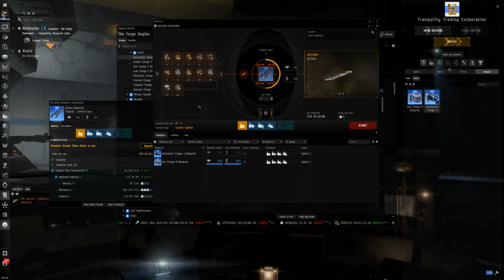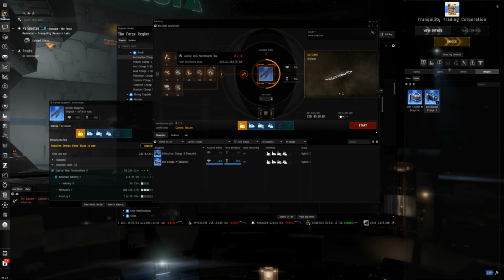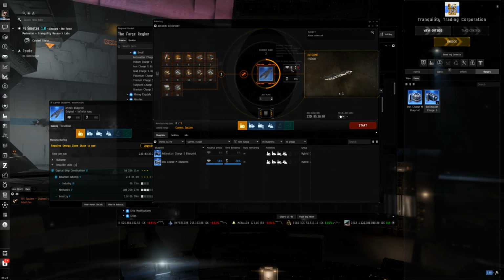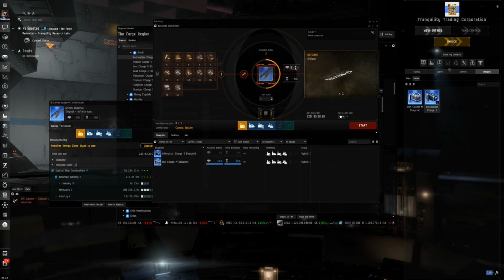For example, with capital ships, they consist of a lot of components, but many of them are required in small numbers, and if you improve material efficiency, you will see that nothing much changes. From 9 to 10 only these two components change at all, and only by 1 unit.